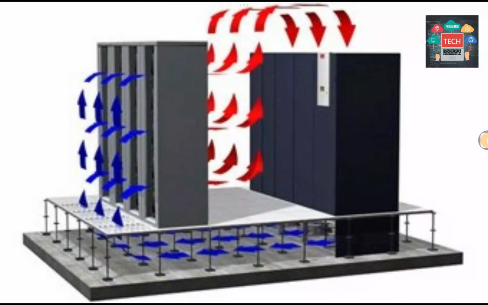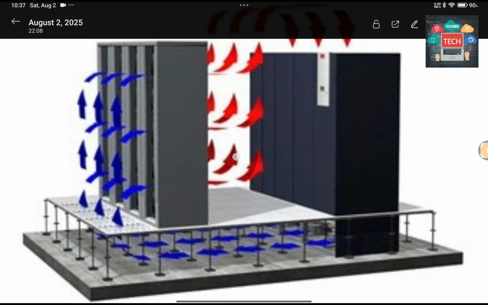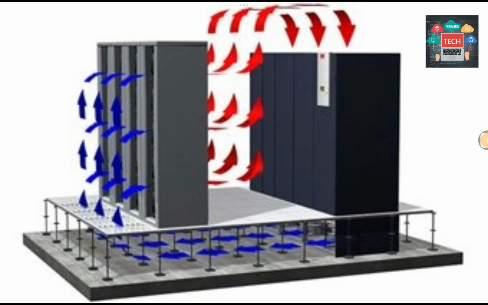There is one more example. You can see these blue lines are the cold air. The cold air is taken in, and the hot air is left on the backside by the rack. Then you can see the red line going here, again into the PAC, and the PAC cools down the hot air and leaves from the downside as blue air, cold air again.